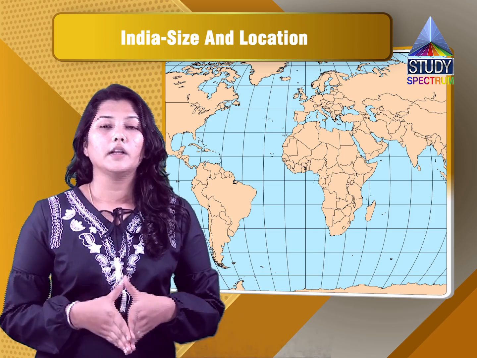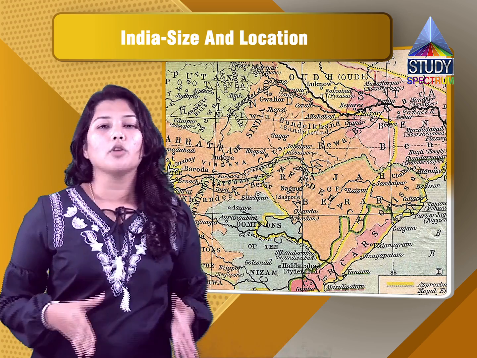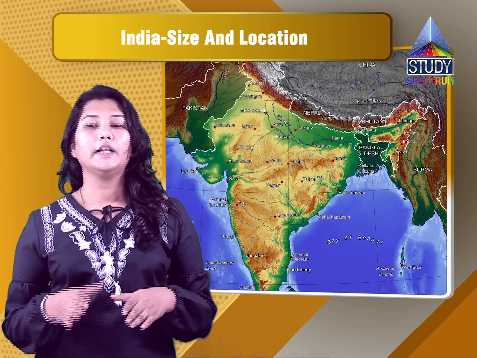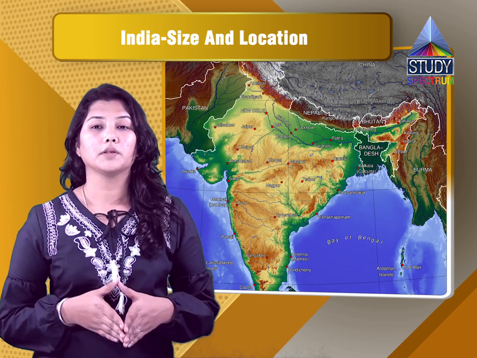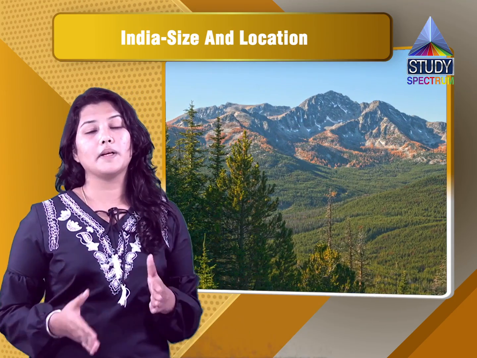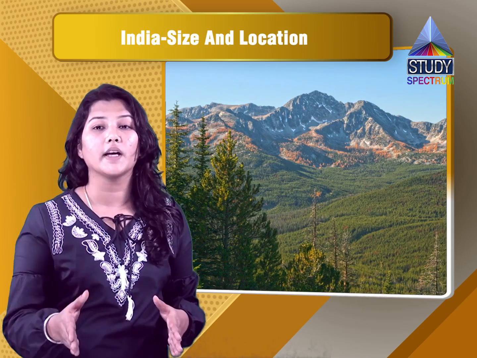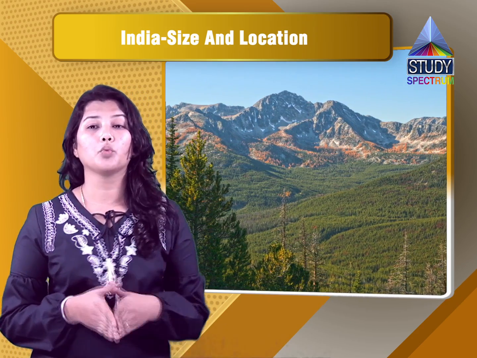Let's understand India's size now. The landmass of India has an area of 3.28 million square kilometers. India's total area is basically just 2.4% of the geographical area of the world. And it is also the 7th largest country of the world.